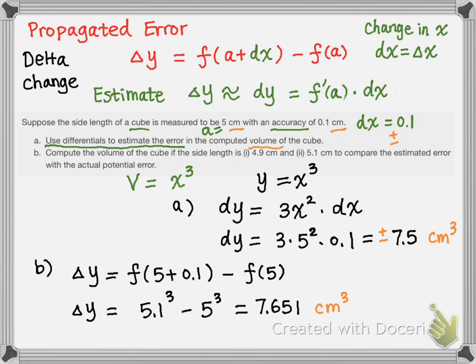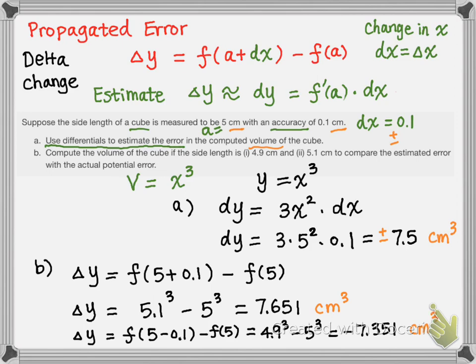Then you also want to calculate 4.9, so dx is negative 0.1. You plug it into the formula again: f of 5 minus 0.1, that's how you get 4.9, minus f of 5. So it's just 4.9 cubed minus 5 cubed. You get negative 7.351, and the unit is cm cubed.